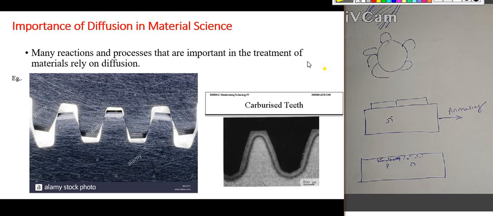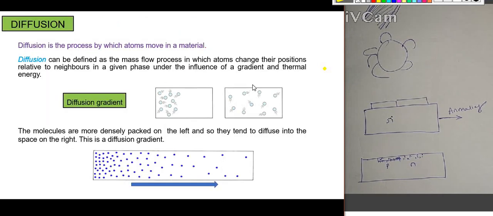Similarly, there are a number of applications of diffusion in material science. We will discuss all these applications later. So what is diffusion? Diffusion is the process by which atoms or particles move from one point of the material to another point of the material. Diffusion can be defined as the mass flow or atomic movement, in which atoms change their position relative to the neighbors in a given phase.